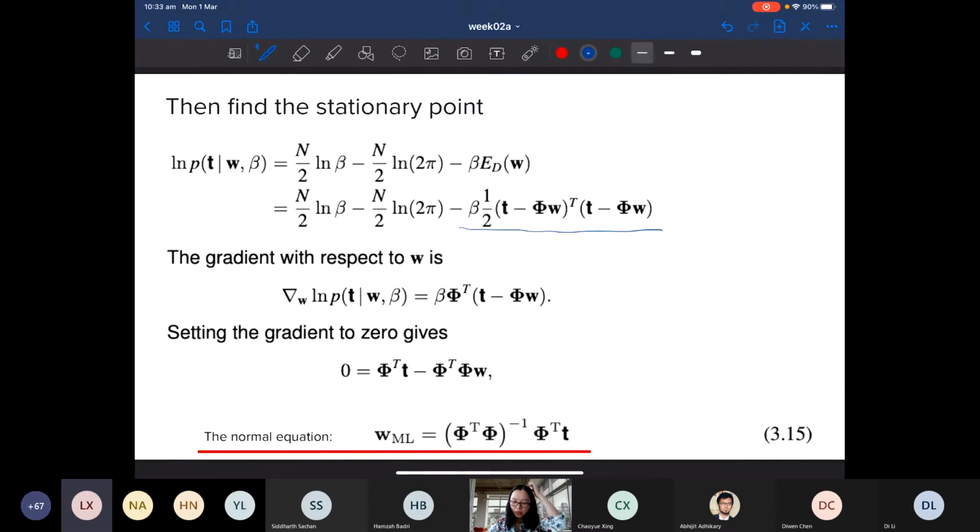We take the gradient with respect to W. As we said 2 slides ago, the first two terms don't depend on W, they're just constants and they vanish when we take the gradient.